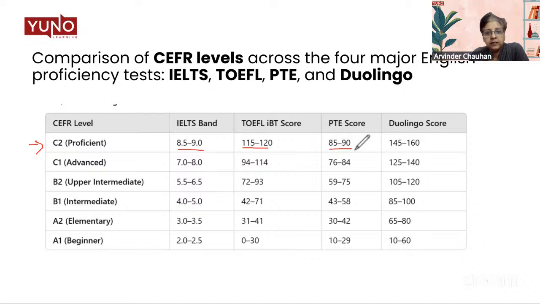For PTE it is 85 to 90. And the Duolingo score is 145 to 160. And that's how it keeps going on. This is a very good way of knowing exactly how to calculate your scores against the CEFR level. You can take a snapshot of this if you like.